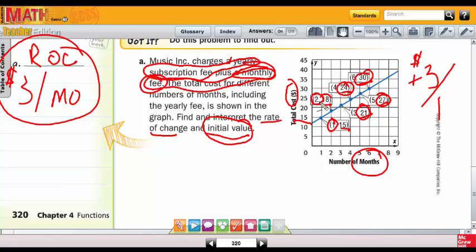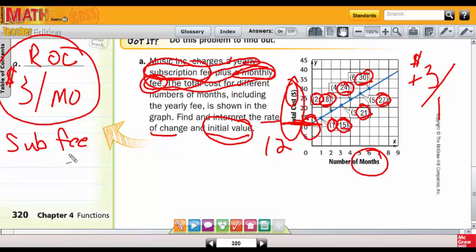We keep dropping by 3 to 18 to 15. Clearly we would drop to 12 here. So we would have a value right here of $12, and that is our subscription fee. So we would say that our subscription fee is $12.